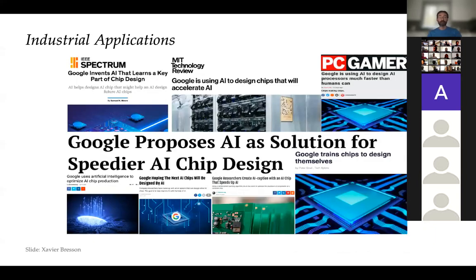There are multiple industrial applications, probably too many to put on the slide, so here I just mention one of them. That was recent work from Google that used graph neural networks for better placement of components on chips. And as you know, designing semiconductor chips is a very difficult problem. These are combinatorial problems of placement and routing, where you put different components in some optimal way.